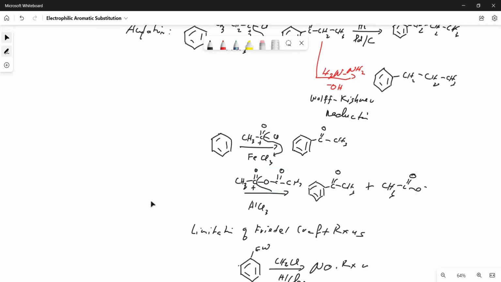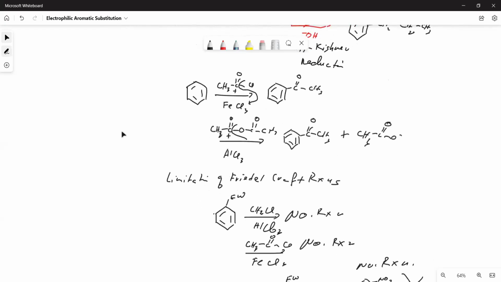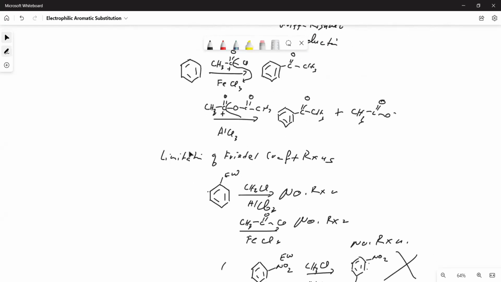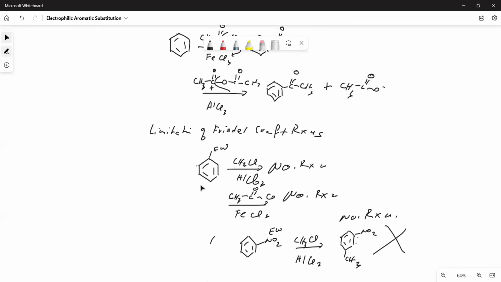Okay, now, there are certain limitations of the Friedel-Crafts reactions. Now, what are these? Of all those reactions that we discussed, the Friedel-Crafts reaction is the slowest reaction.